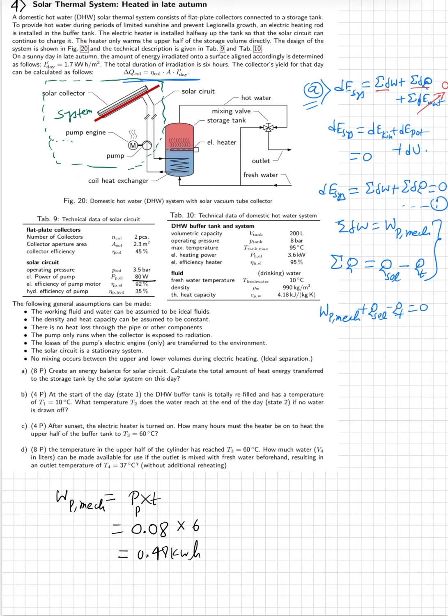Now if you want to calculate the Q solar, or Q collector, they are both the same. The formula they mentioned for the efficiency of the collector is eta times the area times the irradiance I day. The main confusing part here is that there are two collectors, so you have to calculate the area of the two pieces.